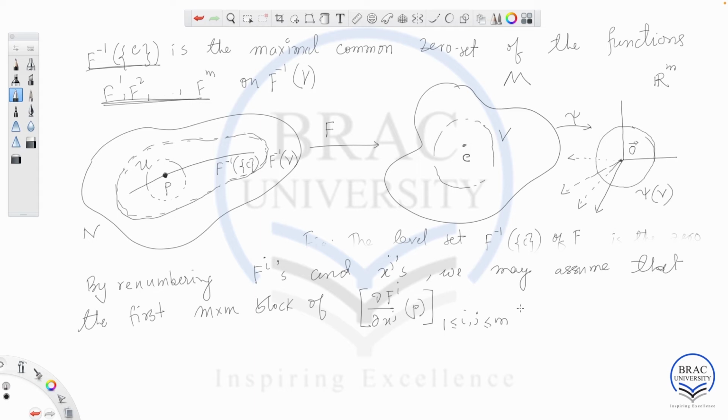We are renumbering f_i's and x_j's according to our convenience. And since the rank of this Jacobian matrix is equal to m, we can renumber these f_i's and x_j's conveniently, so that the first m times m block is non-singular.